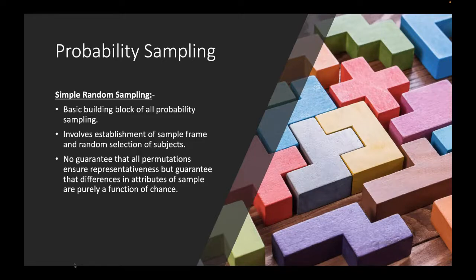That is what the mathematical probability and the predictive nature of probability sampling offers. It is the building block of all quantitative sampling approaches. They always have an element of random sampling somewhere.